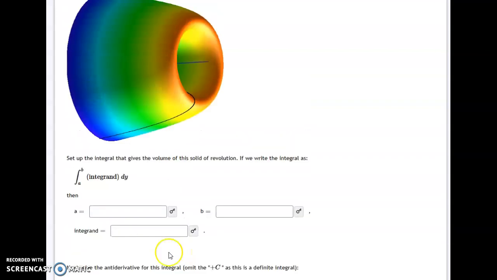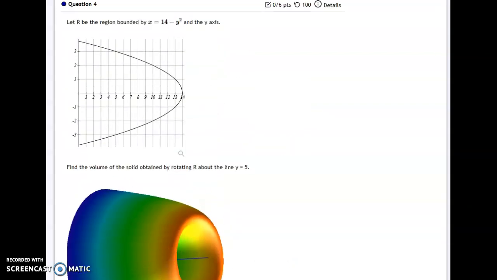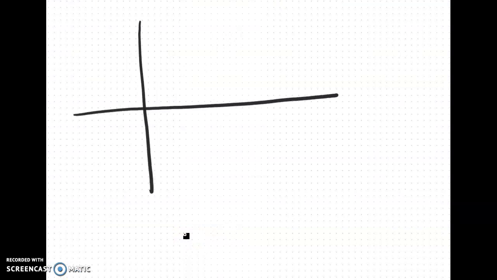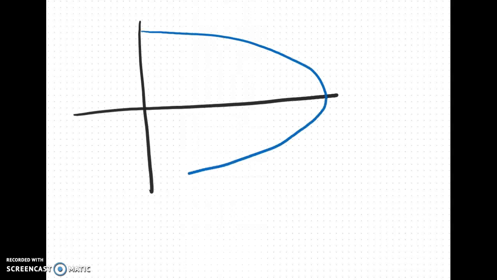So let's try this problem. And I'm going to grab a whiteboard to write on. So taking a look at that graph that was given to us, we had this figure. My y-axis had something like this.